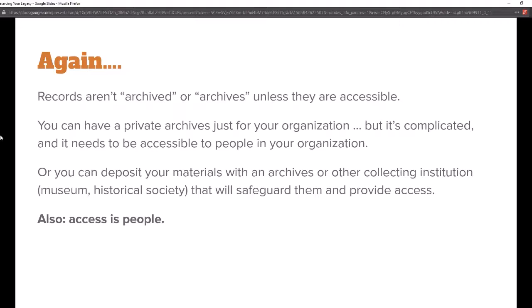There's a chance that you are not as big as Scotiabank, which means that you may have a bunch of boxes somewhere in your office that you consider to be your archives. They're not really archives if they're not accessible. And accessible doesn't mean that the front desk person can unlock the closet for you by request and let you in. It means there's a person around to answer questions and help you and take care of it and knows the collection. So archives is people, access is people.